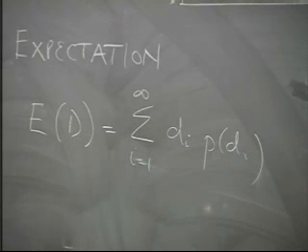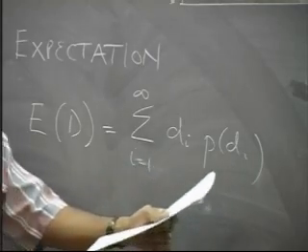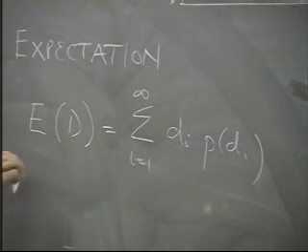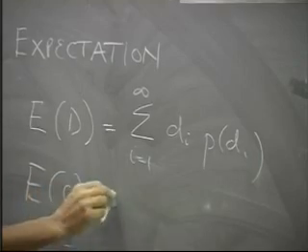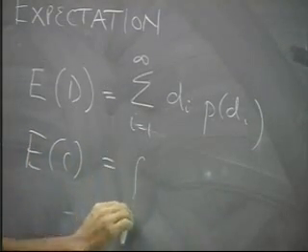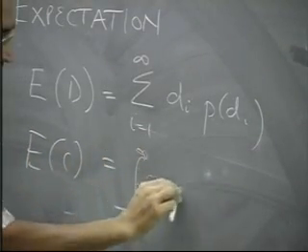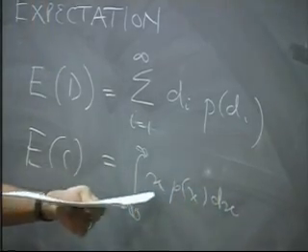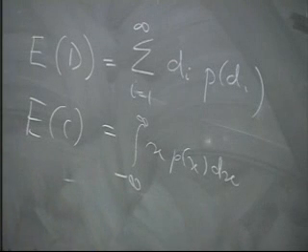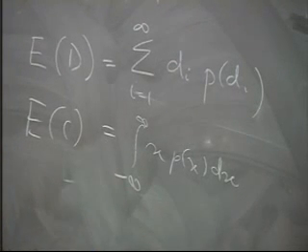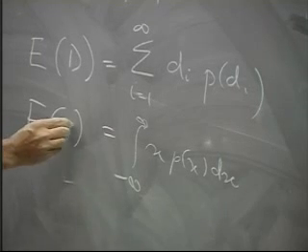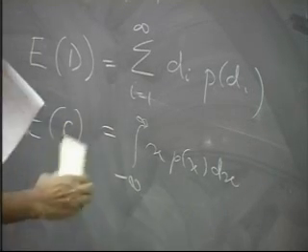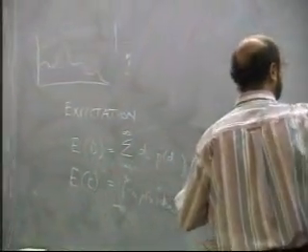We just multiply the domain value with the probability of that value. Similarly for a continuous domain, it's an integral from minus infinity to infinity of x p(x) dx. We're multiplying the value by the density, not the probability, and we take the integral, and that's the expected value of a continuous distribution.